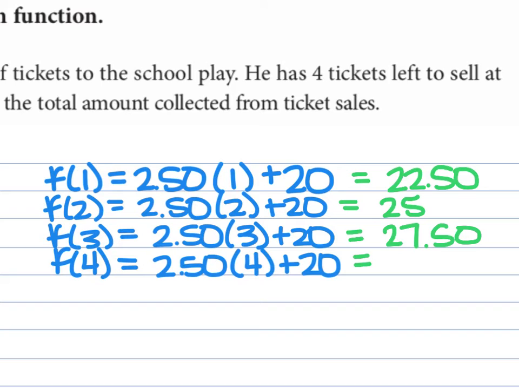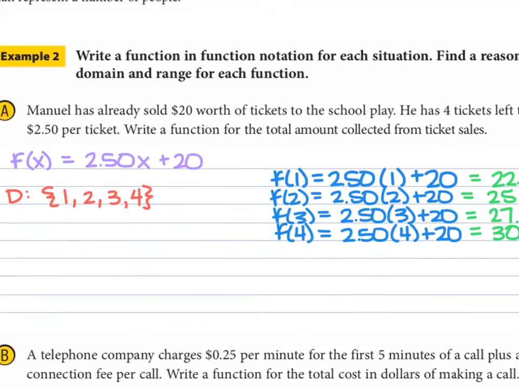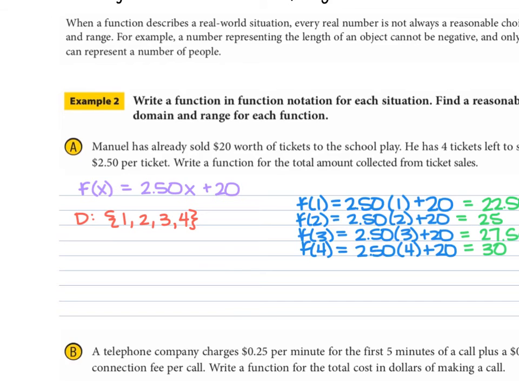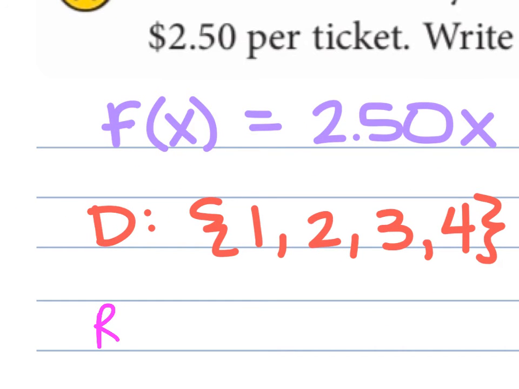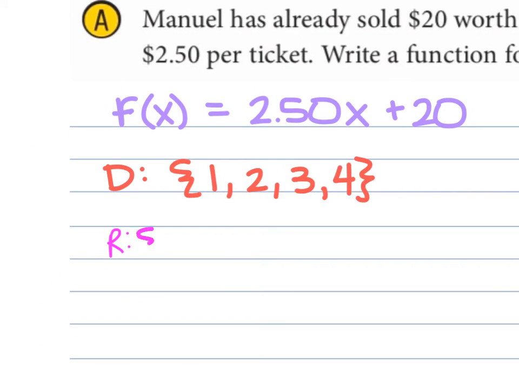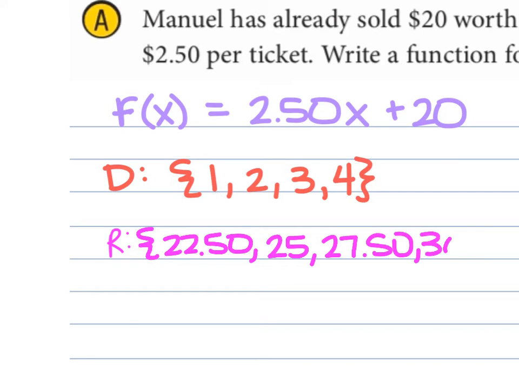And then the 2.50 times 4 plus 20 is going to give us 30. So our range values are going to be the 22.50, the 25, the 27.50, and the 30.